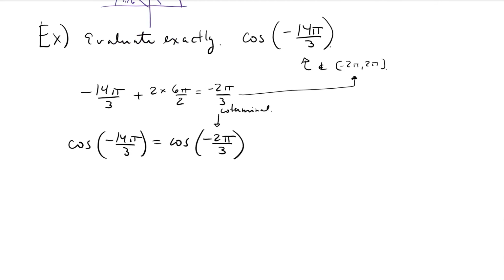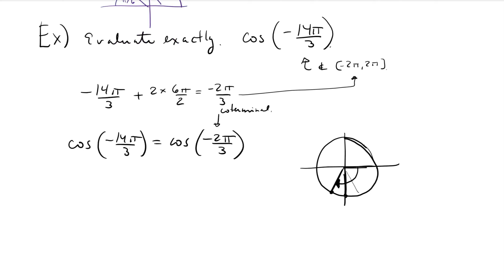After that, I'm going to find a reference angle. So let's try to draw this angle, minus 2 pi over 3. This is a negative angle, so we're rotating clockwise. Pi over 2 would lead us here. For minus 2 pi over 3, we need to go one pi over 3, another pi over 3, so it would end up here.